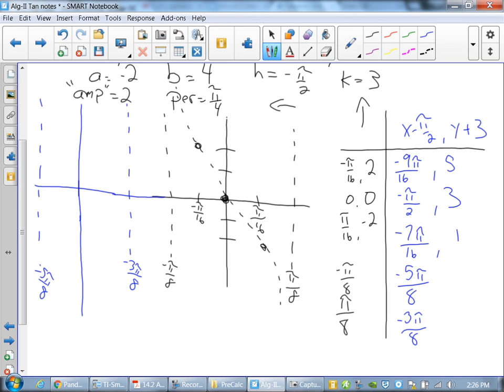I know the maximum up it's going to be is 5. And I have my other 2 points. Going from left to right, this is at negative 9 pi over 16, this is at negative pi over 2, and this is at negative 7 pi over 16. Sorry, I had that backwards. Okay. And now you have your other points. 5, 3, 1.